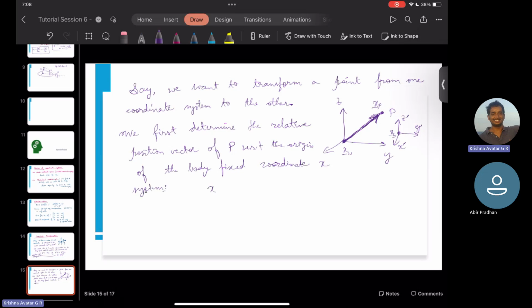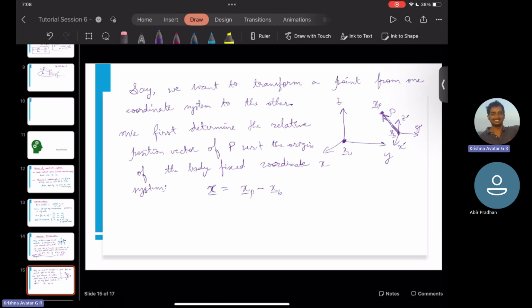So we'll have X vector is equal to XP vector minus XB vector. So essentially, what we are looking at is this vector. So we have just offset it, right?